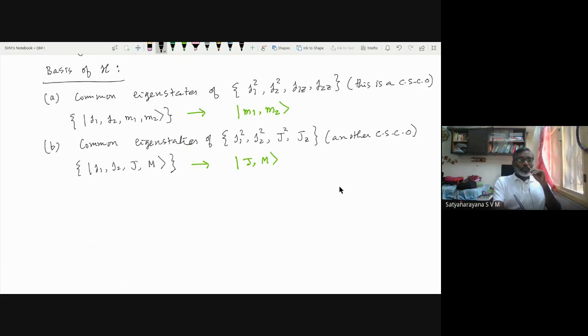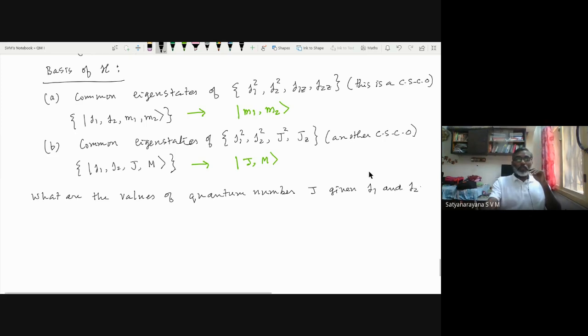What are the values of quantum number capital J given J1 and J2? So this is one question which we can ask.